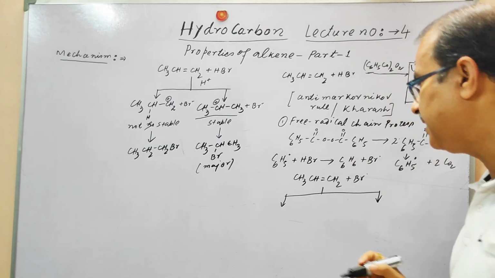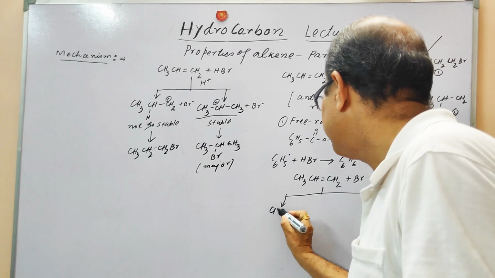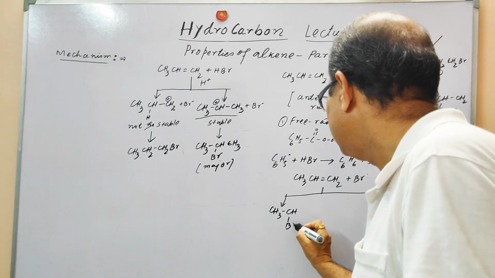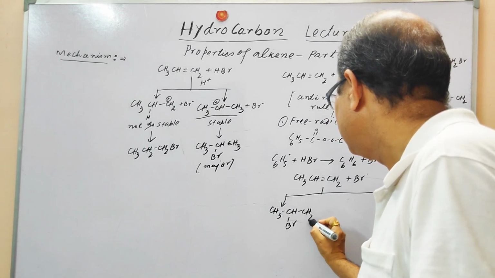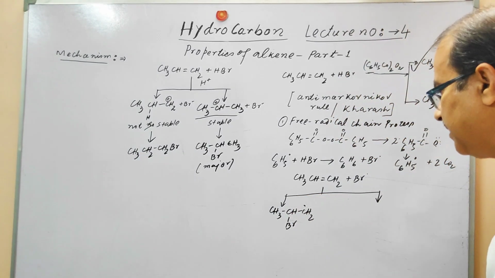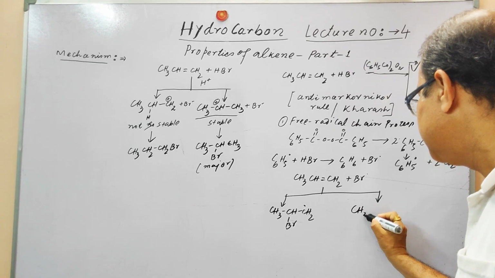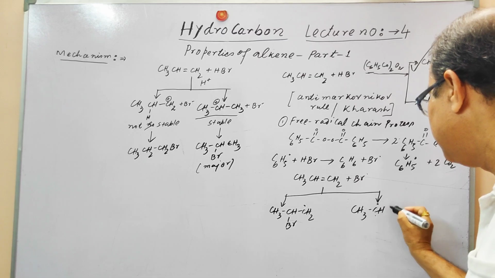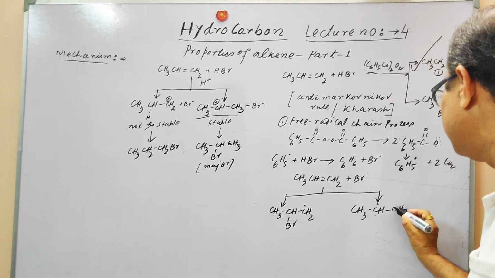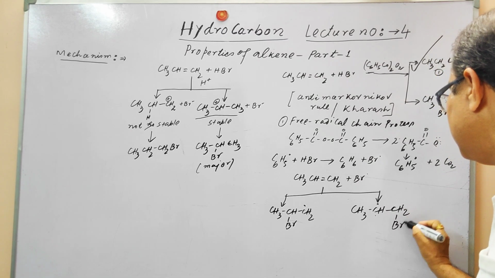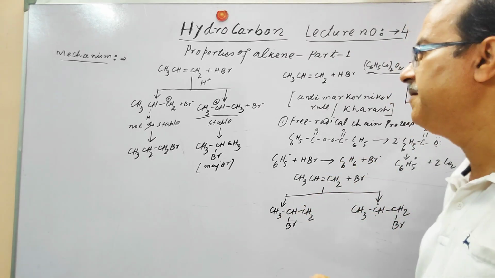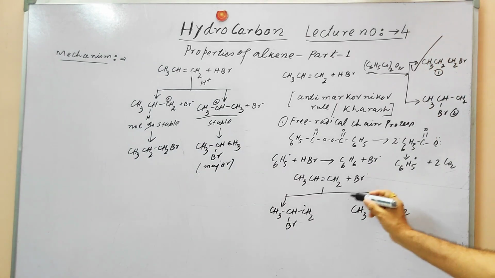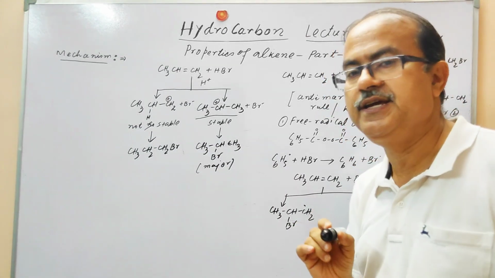Here also you can see two types of free radical produced: one is a primary free radical and the other is a secondary free radical. In the same way that we observed earlier, the secondary free radical is much more stable than the primary free radical.